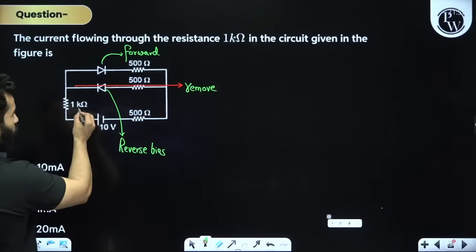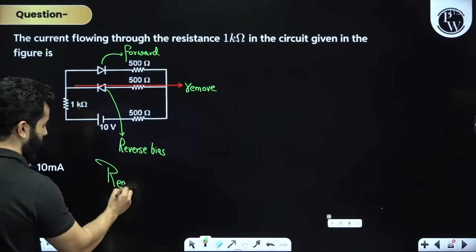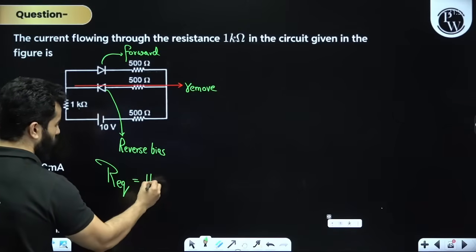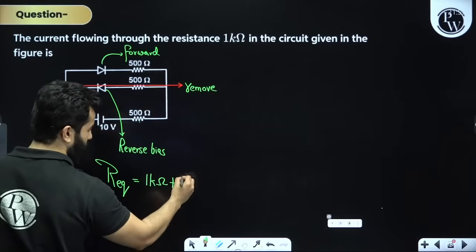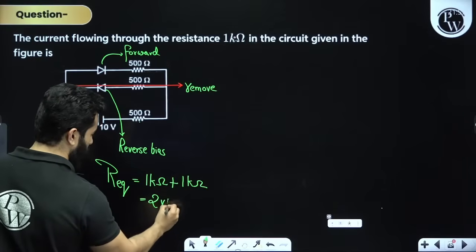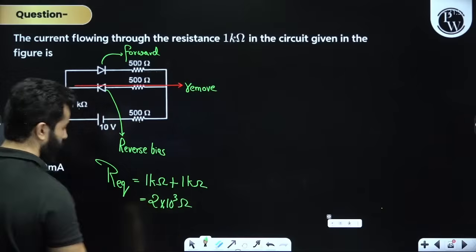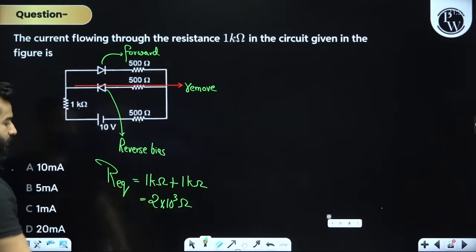Now you have got 1 kilo ohm, 500 and 500. That means R equivalent will become 1 kilo ohm plus 500 plus 500, which is 1 kilo ohm, that is 2 into 10 to the power 3 ohm, 2000 ohm.